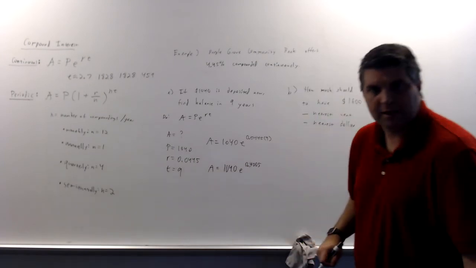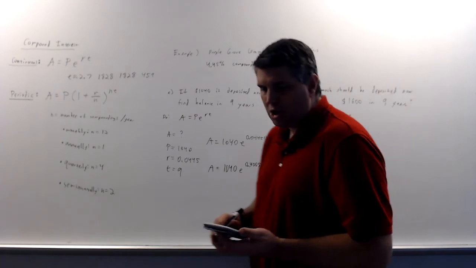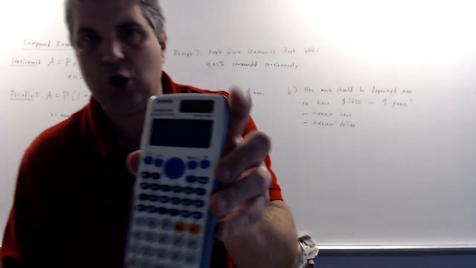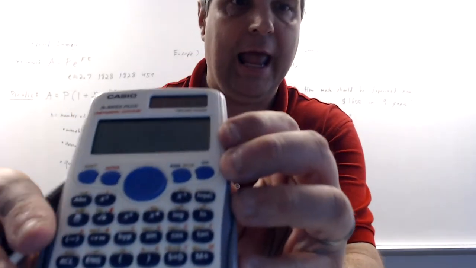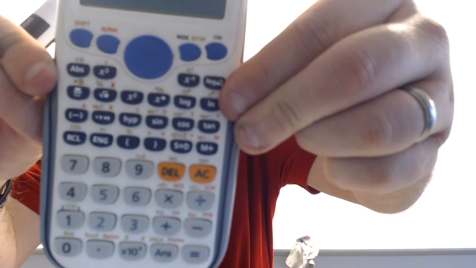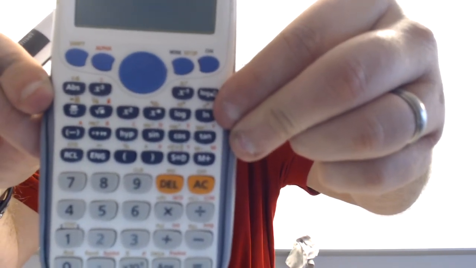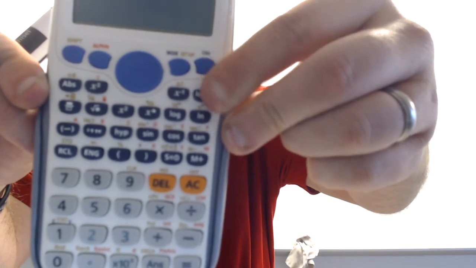Okay. Now, on my calculator, which is a Casio, you will typically see an LN button. On my calculator, it's right there. Some calculators, it may look like a capital I, but it's actually LN. Okay, right above that ln, you will see e to a power.